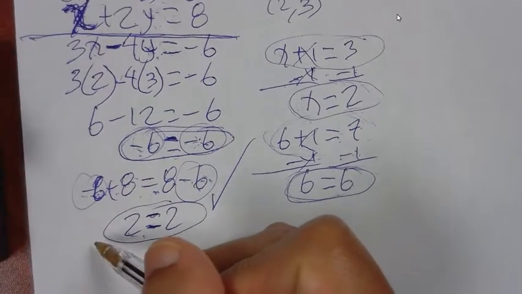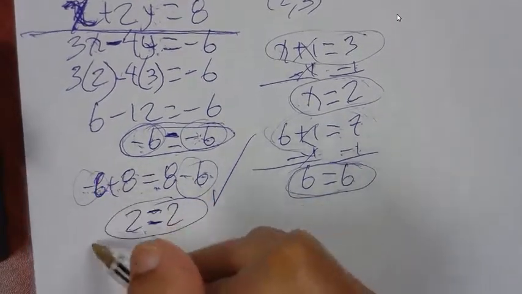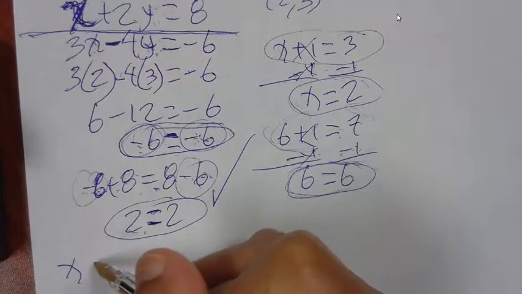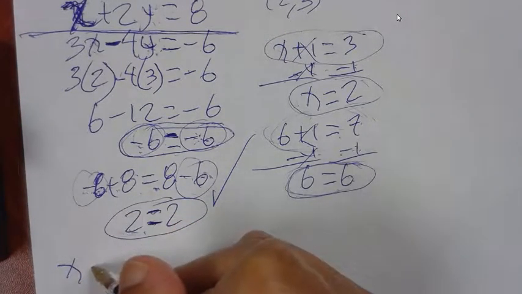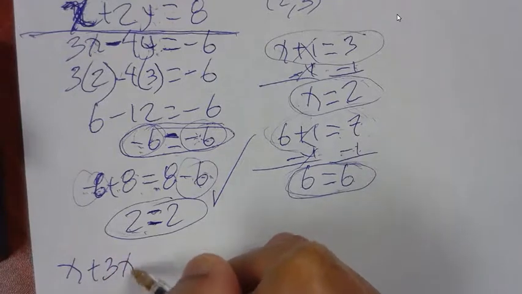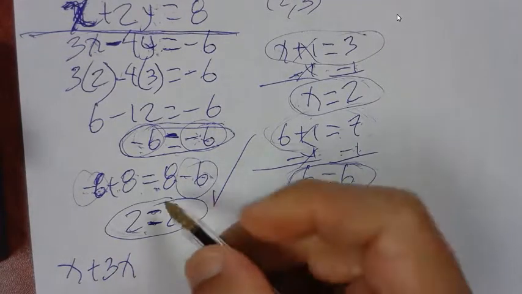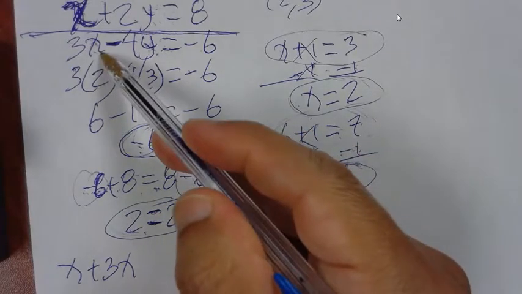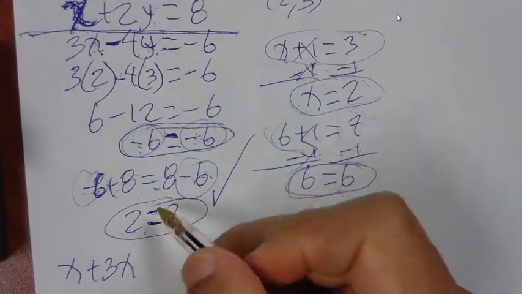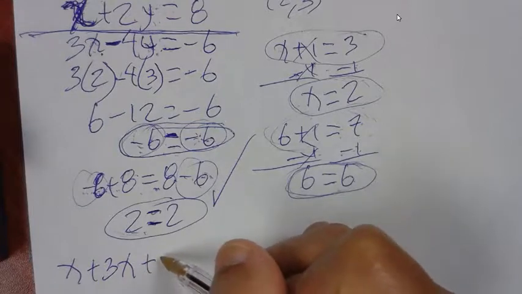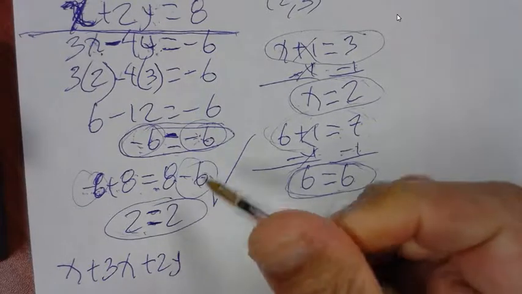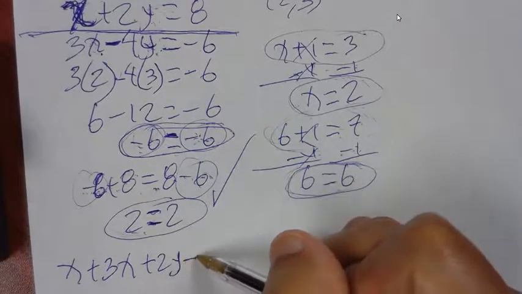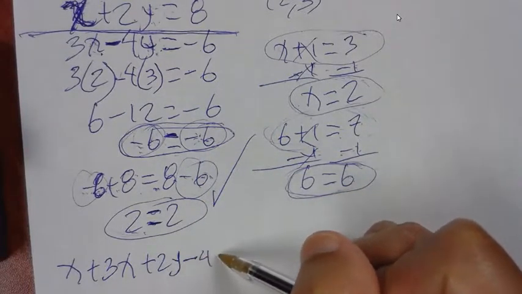Okay, so I have an x from the first equation, and then a positive 3x from the second equation here, and then a positive 2y from the first equation, and then a negative 4y from the second equation.